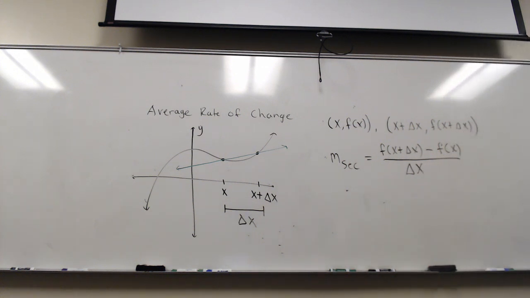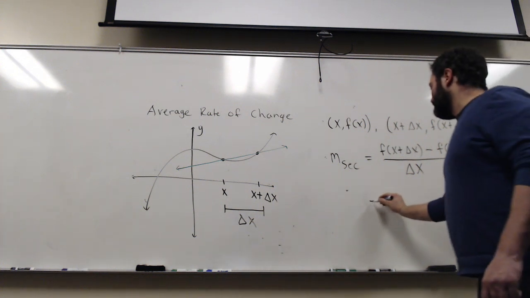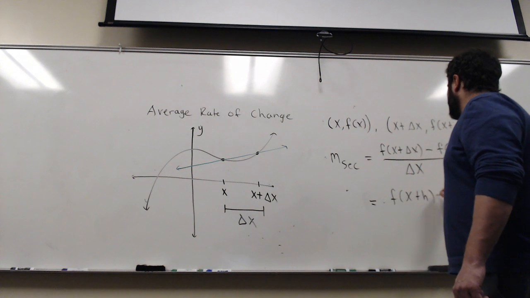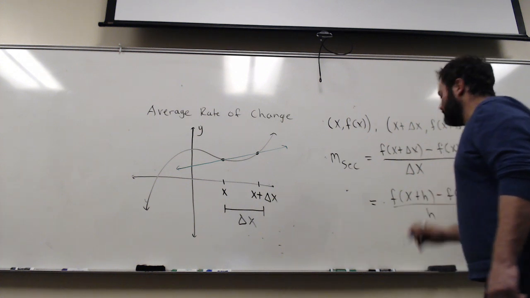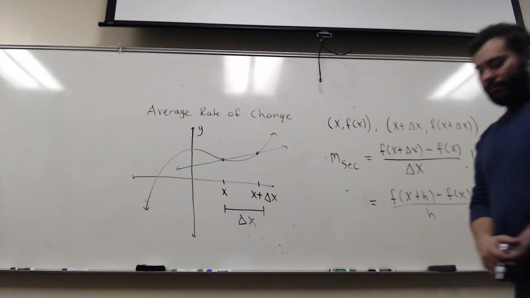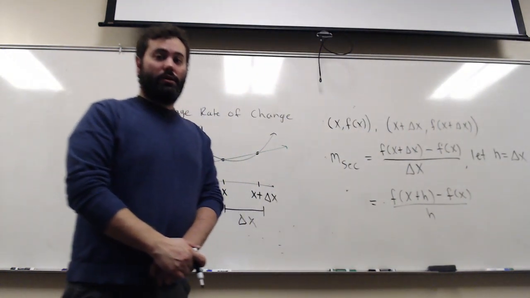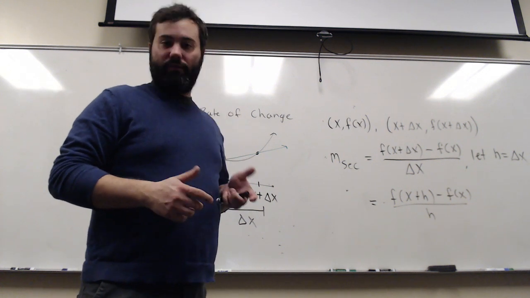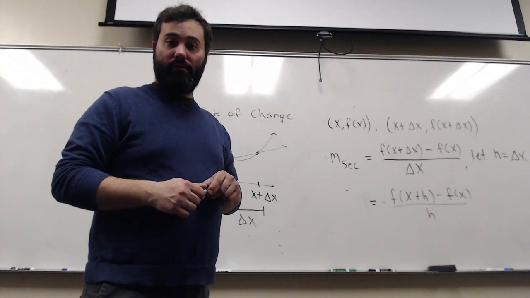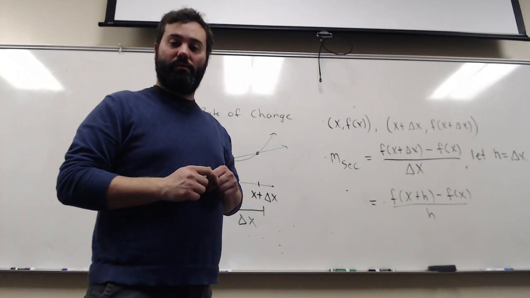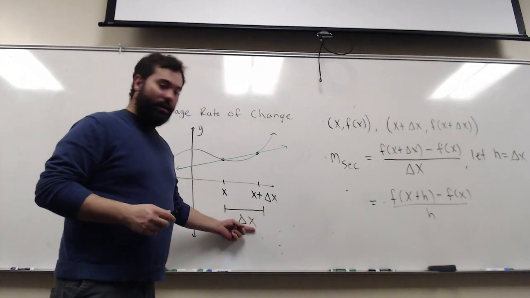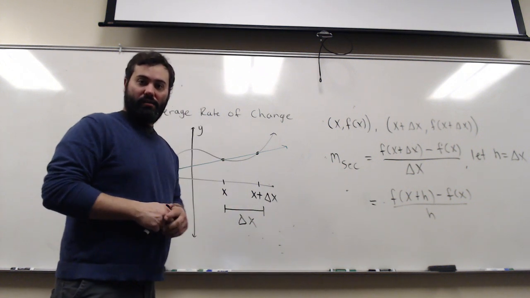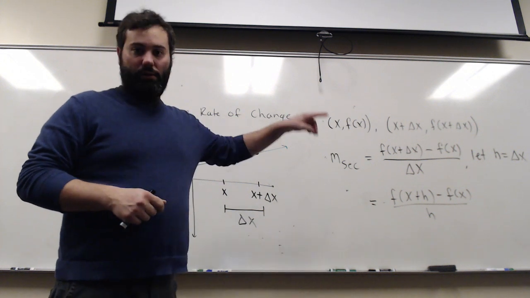Furthermore, if you let h equal delta x and rewrite this in terms of h, I would get f of x plus h minus f of x over h, and that is precisely the formula for the difference quotient. So when you are finding difference quotients in section 1.1, you are actually finding equations for slopes of secant lines. Those are arbitrary expressions for slopes of secant lines, depending on how much you increase x by, which in this case is delta x, or back there you were using h.